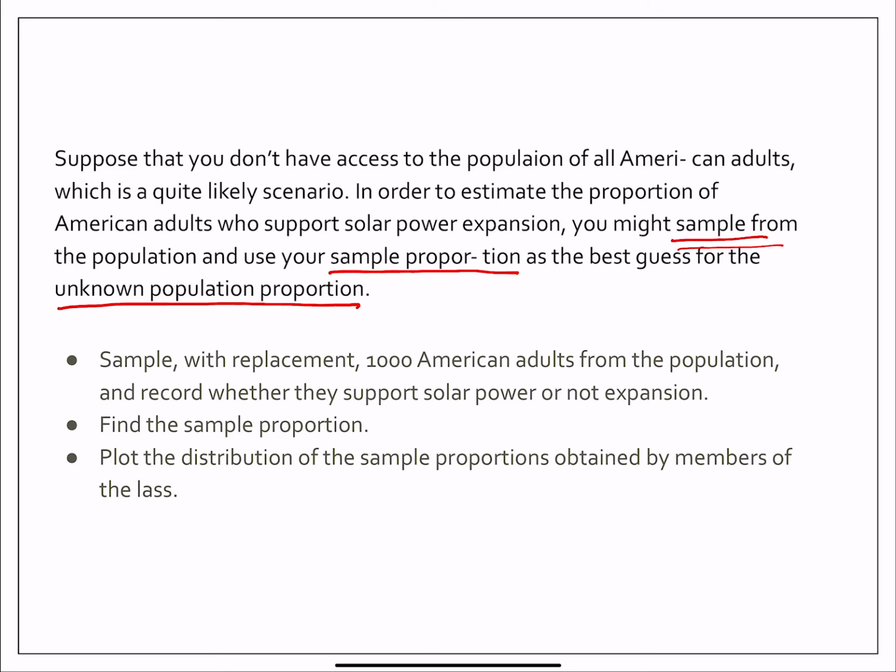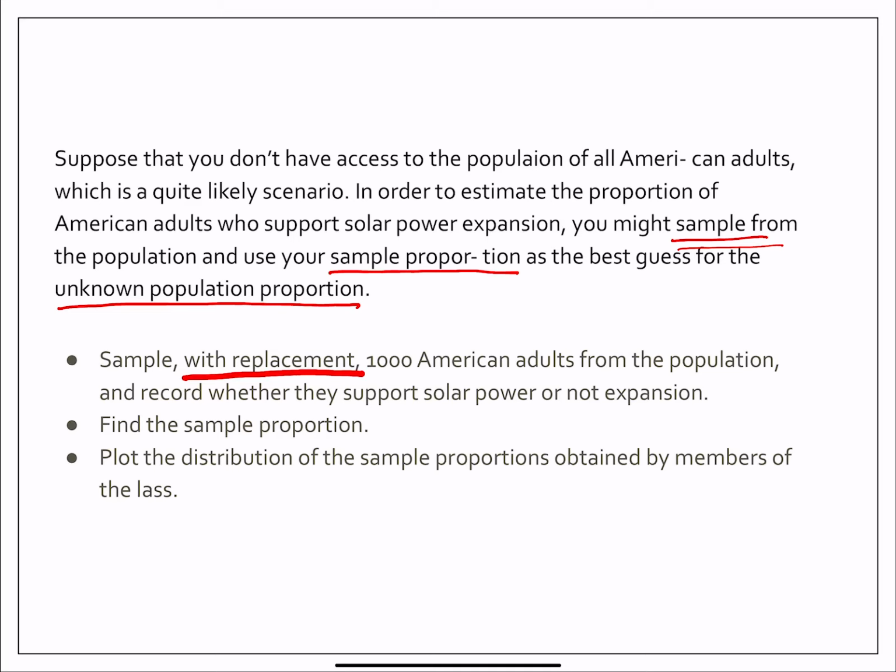Okay. So the first thing that we can do is we're going to sample. And again, we're doing it with replacement, because when we do our samples, we want all of our samplings to be independent. And for them all to be independent, we have to sample with replacement. We're going to sample 1,000 adults from the population.